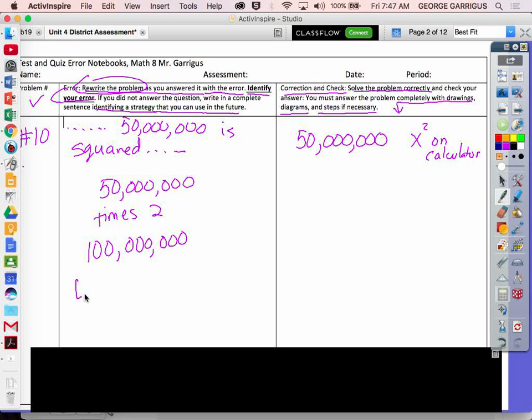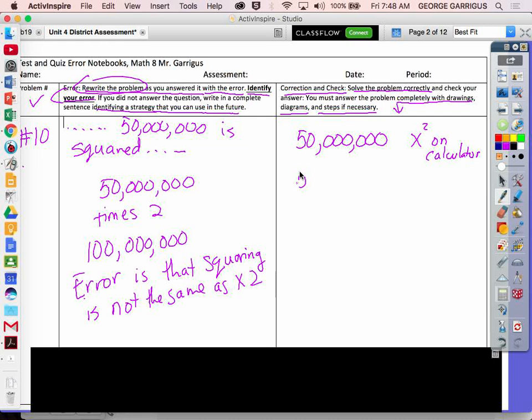And my error is that squaring is not the same as times 2. Here I do it the right way. I would do 50 million x squared.